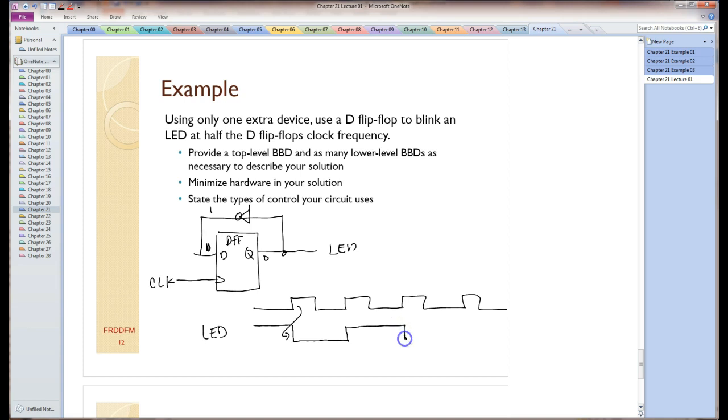So once again, what we see here is a waveform that looks like that. So this is the input clock frequency, and this is the output LED frequency. And if you look at this, you can definitely tell that the clock frequency is twice that of the LED frequency, or the LED frequency is half that of the clock frequency. This here is a super classic circuit in digital design.